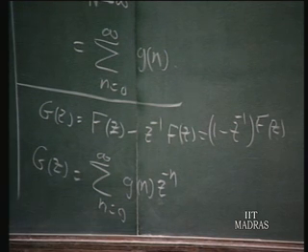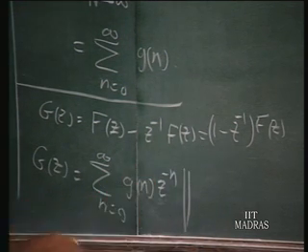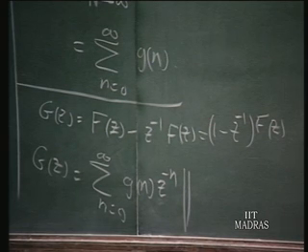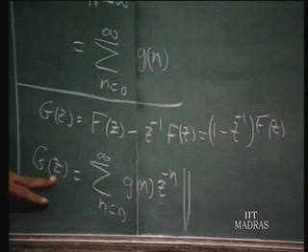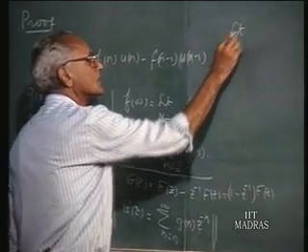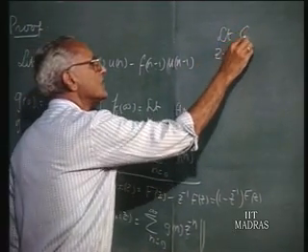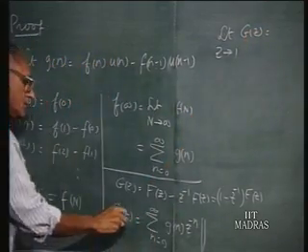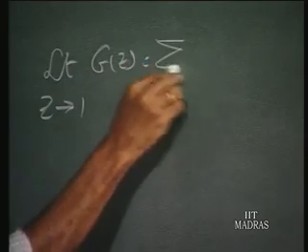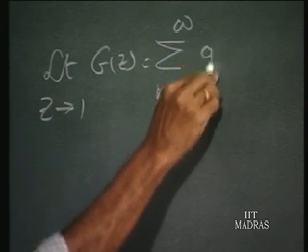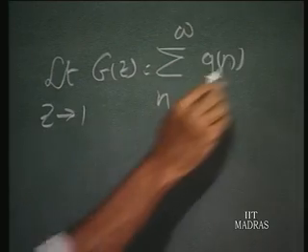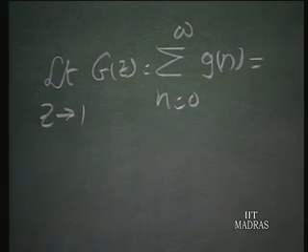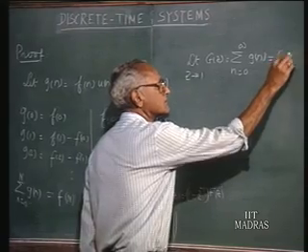Therefore, when you substitute z equals 1, the limit as z goes to 1 of G(z) is equal to the summation from 0 to infinity of g[n], the summation of the samples in time, which indeed is what we want, that is f(infinity).